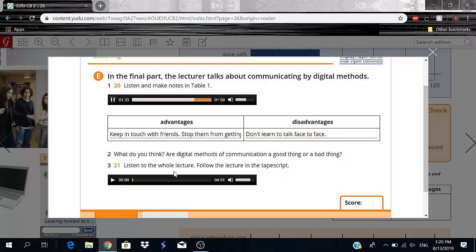Secondly, digital methods get in the way of schoolwork and university work. Okay, disadvantage number 2 is that digital methods can really mess with you mentally.